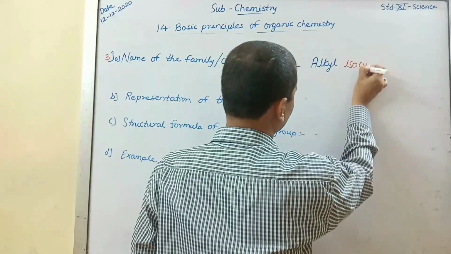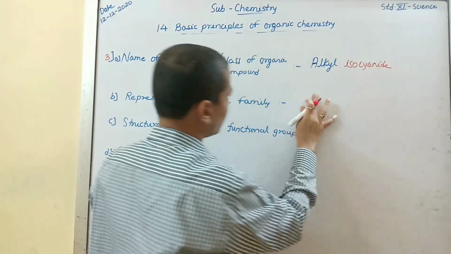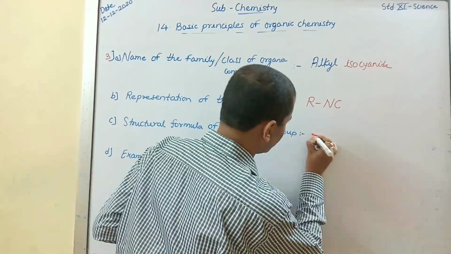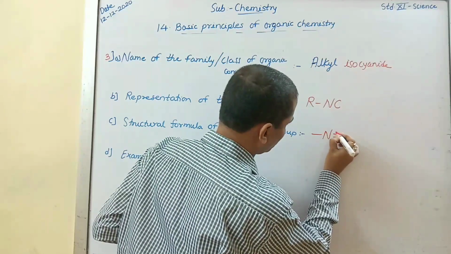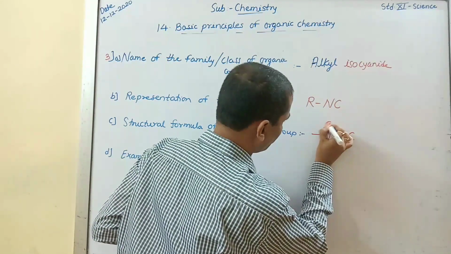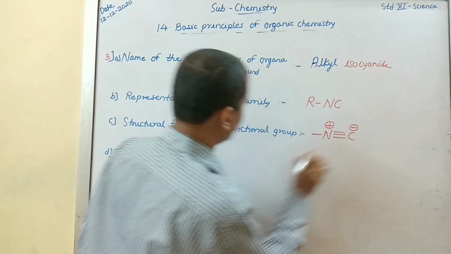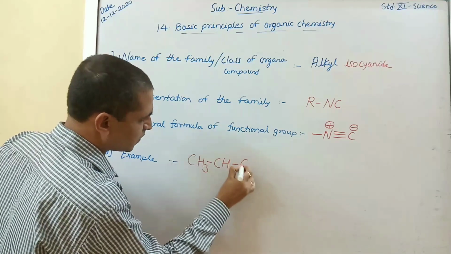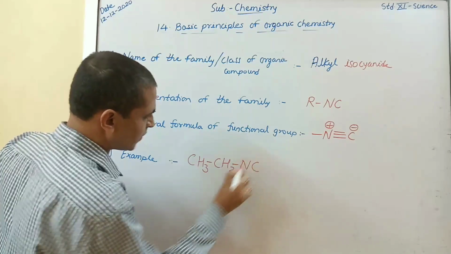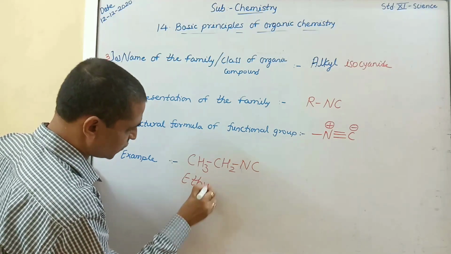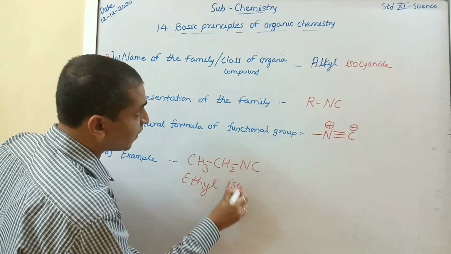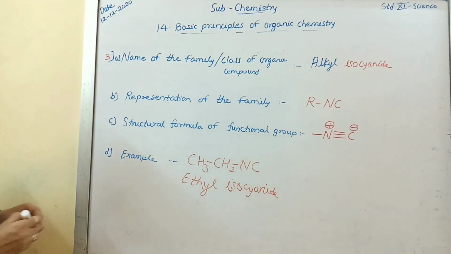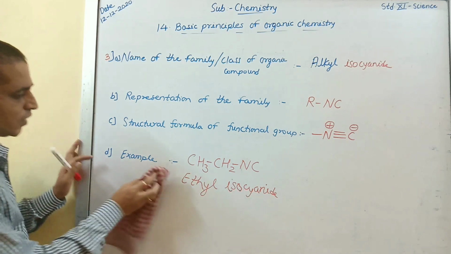For this the formula is RNC. Here you have a plus charge on N and a minus charge on C. Now see the compound CH3CH2NC. CH3CH2 means ethyl and NC means isocyanide. This is about ethyl isocyanide.